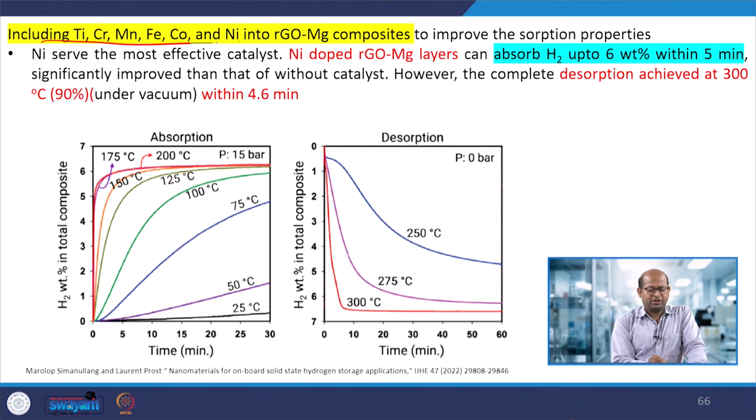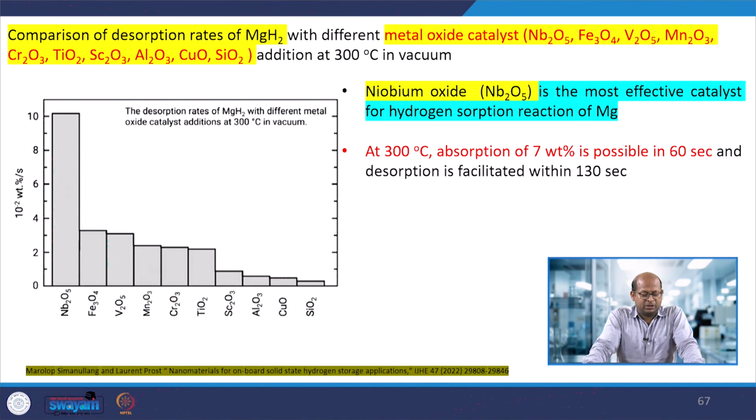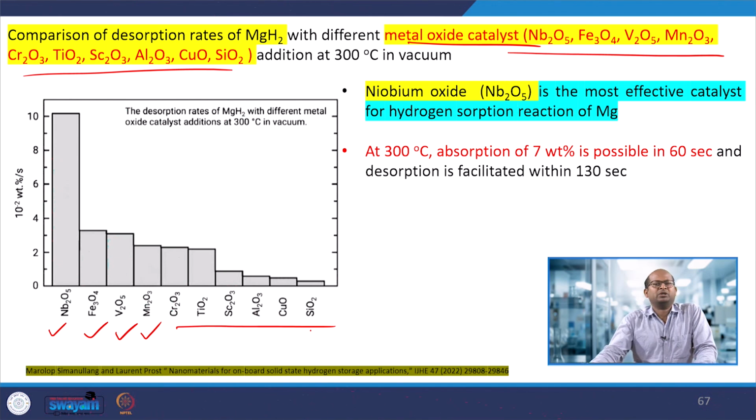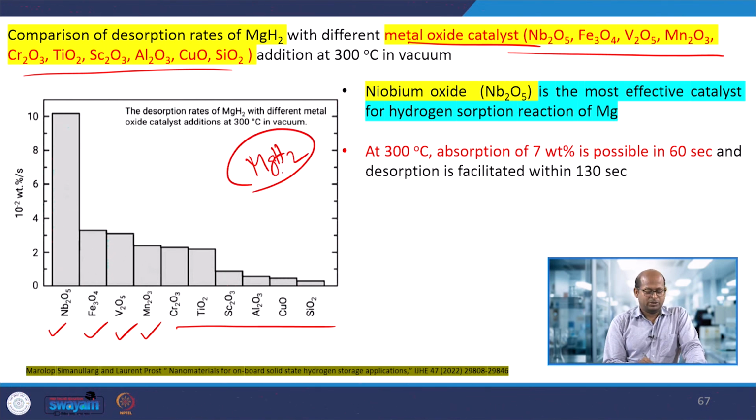So here different types of metal-based materials can be used with magnesium hydride. Here you can see the comparison: different types of metal oxides, niobium, iron, vanadium, manganese, silica, copper, alumina, can be used as catalyst materials with MgH2 as a hydrogen storage material, or metal hydride, complex hydride you can say.